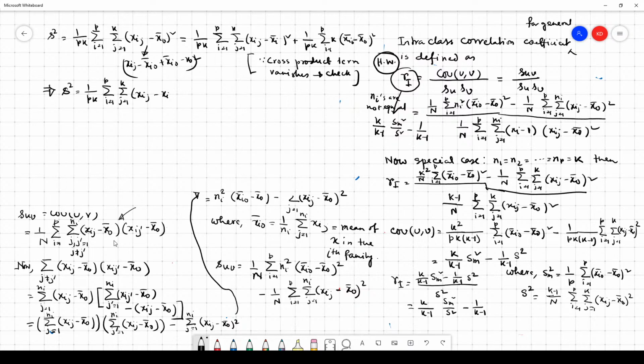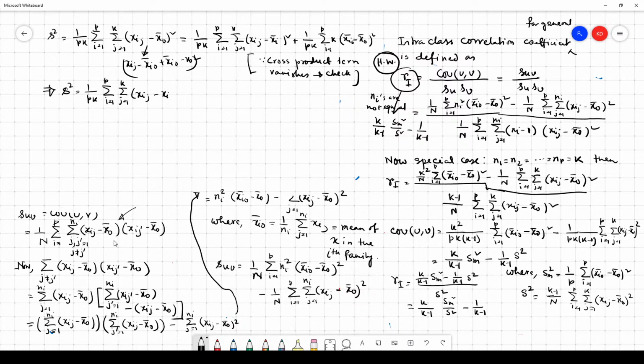I already told you how to write U and V. Then simply think about how to compute the covariance between U and V. You know the formula for covariance of U and V: summation i from 1 to capital N, Ui minus U bar, Vi minus V bar.